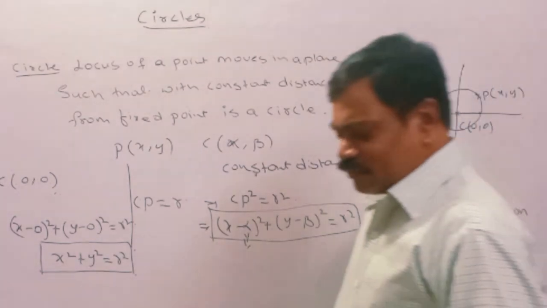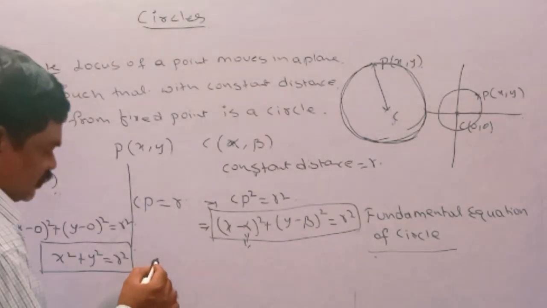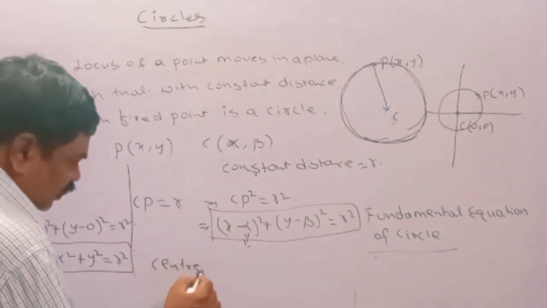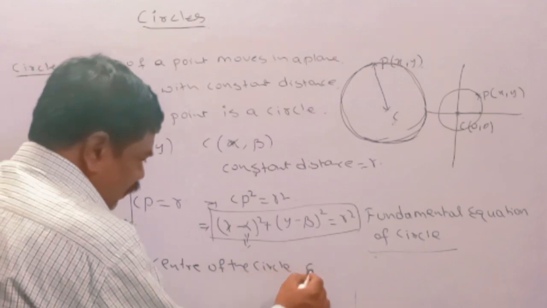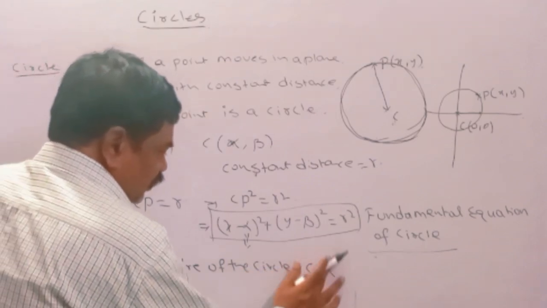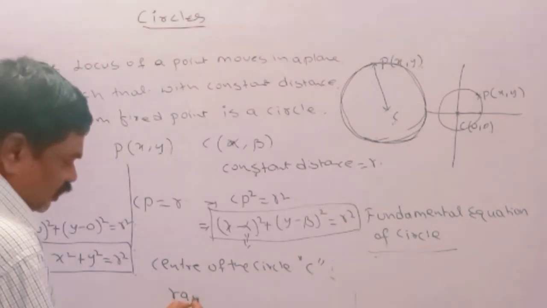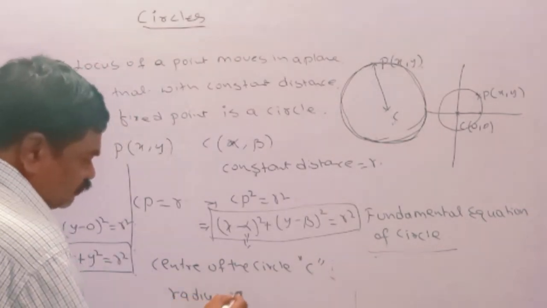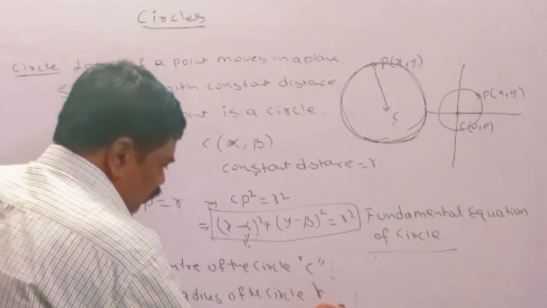So the fixed point, or center of the circle, is denoted by C, and the radius of the circle is denoted by r.